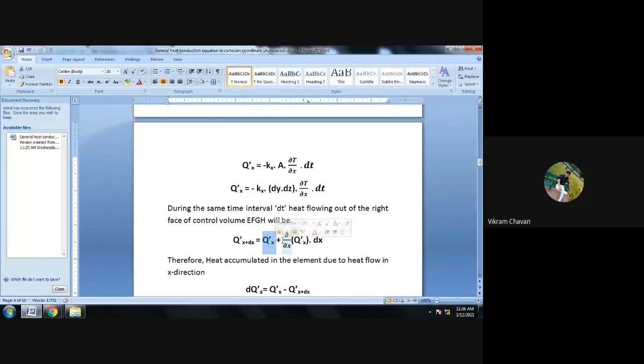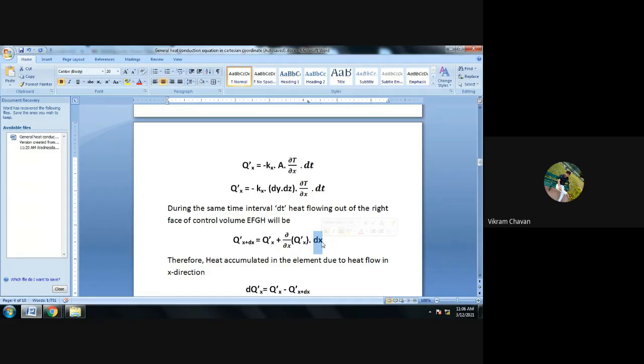Okay, so the initial heat entering inside the element is q dash suffix x, and the change in that heat as it travels through the distance dx. So the small elemental change we have considered as the derivative of q dash x, and if you want to find the total, then we have to multiply with the total length. Okay, so dx is the total length in the x direction.